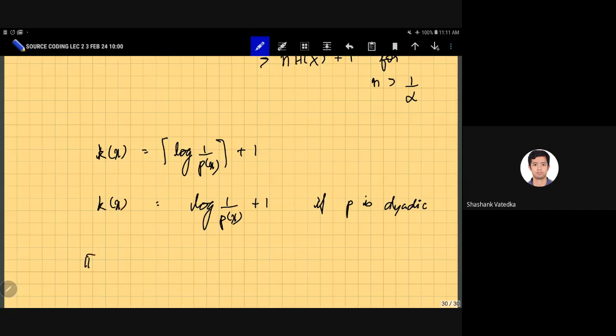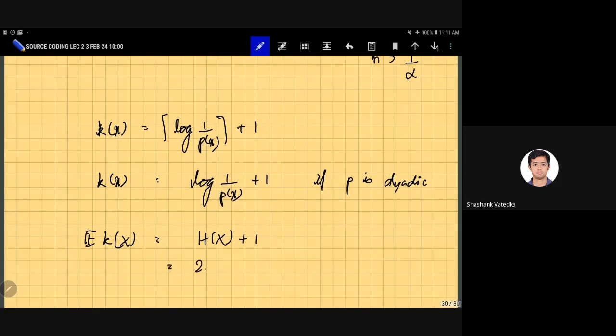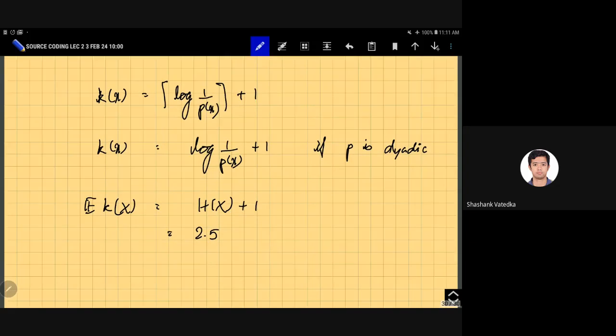So the expected length is basically equal to entropy plus 1 bits, which is 2.5 bits. So for symbol-wise encoding of n symbols, you achieve an expected length of 2.5 n bits.